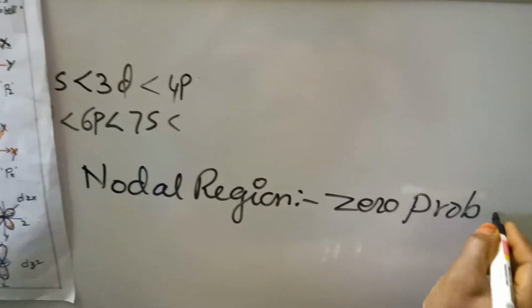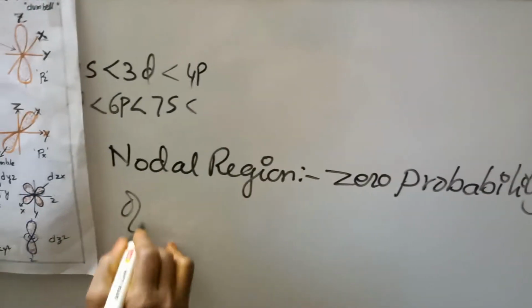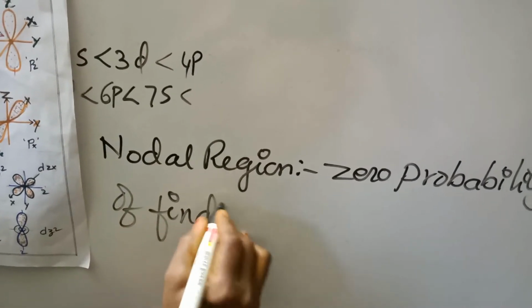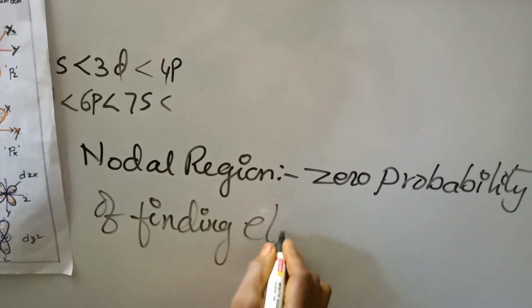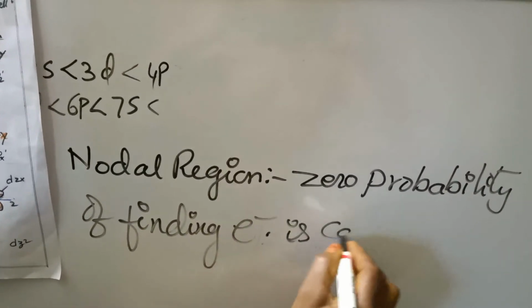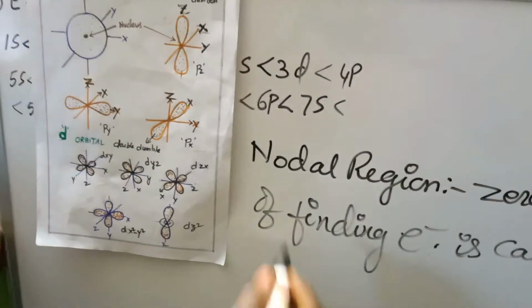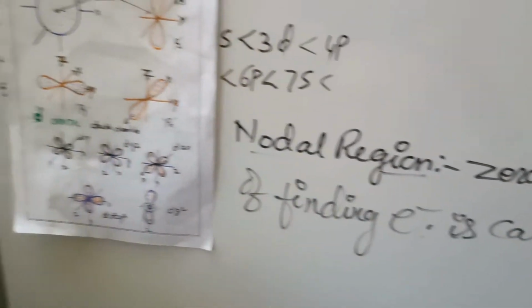Zero probability of finding the electron is called the nodal region.